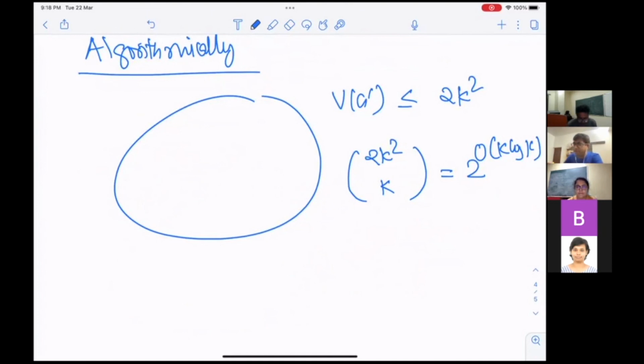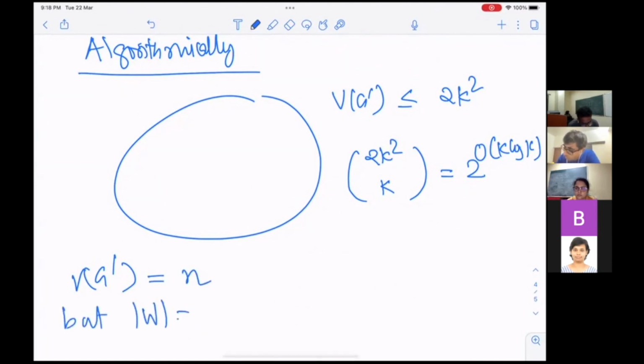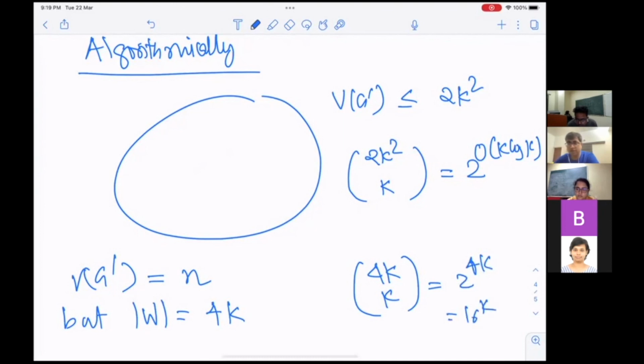Even if the vertex set of G prime was, say, N, but the cardinality of W was, say, 4K, then what will the running time of this algorithm be? 4K choose K, which is less than or equal to 2 to the power 4K for sure, which is 16 to the power K.